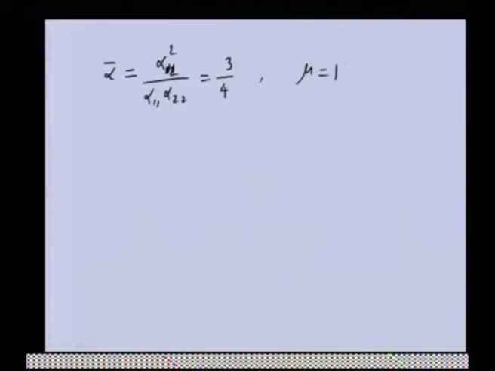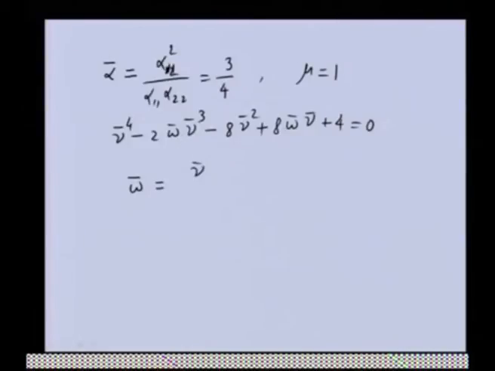For this, the previous polynomial will take this particular form, and this can be solved for omega, because omega is a linear term. So, this will give us an expression like this.